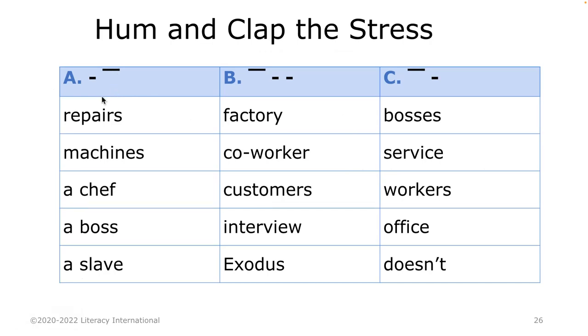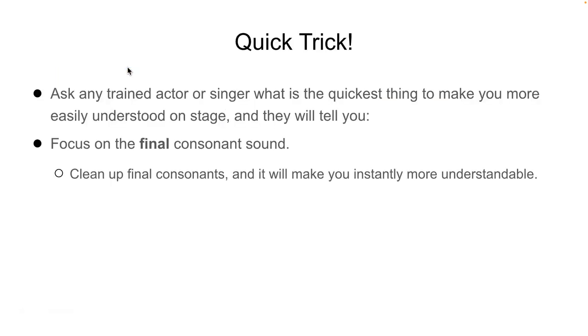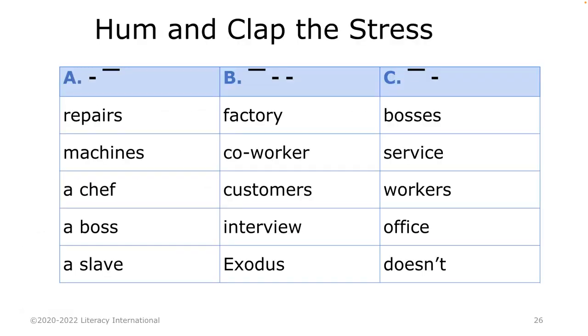So, for example, if we clap it, we'll do it with a soft clap and a loud clap. Repairs, machines, a chef, a boss, a slave.